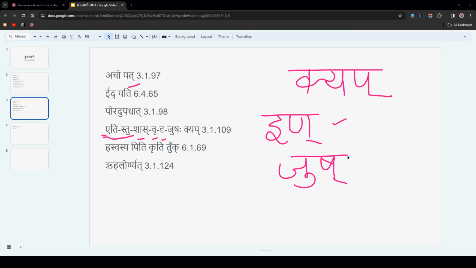Why is this jushah coming here? Because the sutra makes this a compound word. These are not separate words in the sutra.